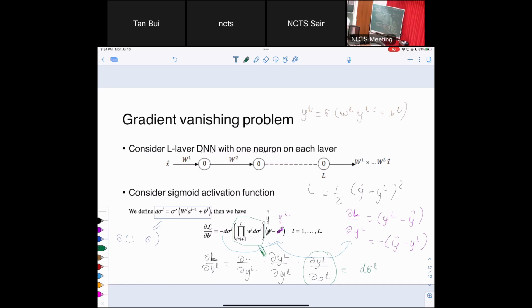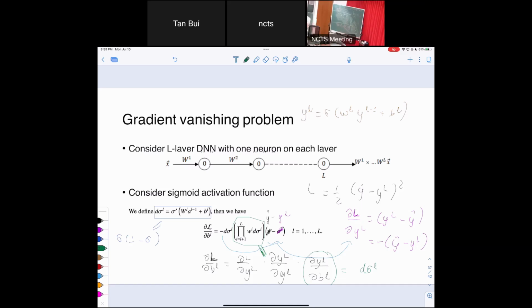Bias. Mm-hmm. They are fine. Yeah, partial L, partial BL.